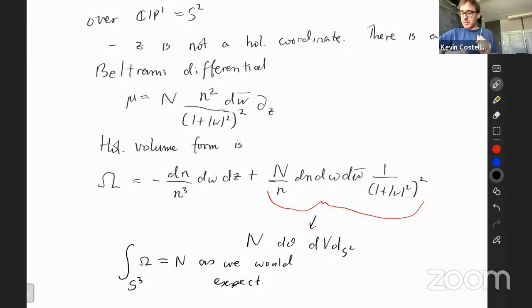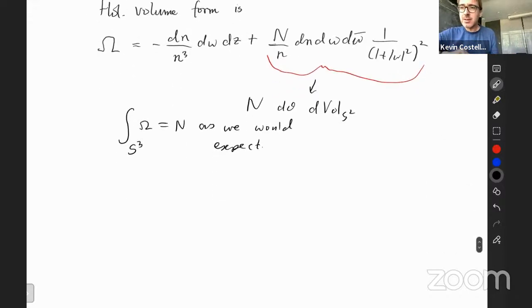Okay, so far we've just set up the coordinates. Are there any questions? No question at this stage. Okay, I actually can't see you guys anymore for some reason, but it's no big deal.